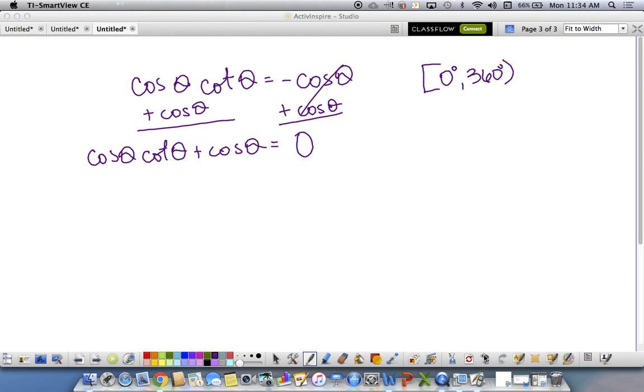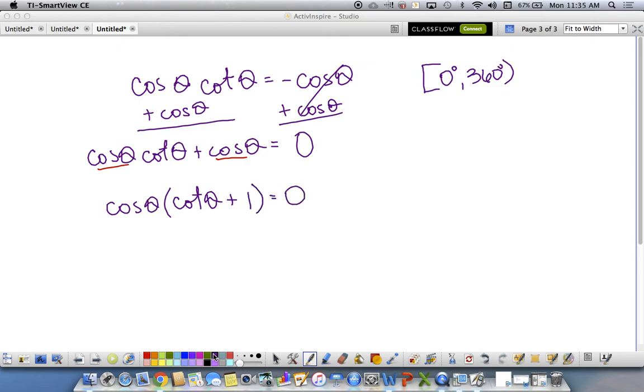You have 2 terms, so you have a term in each one that's common. Can you factor it out? Yes. So if I factor out a cosine theta, parentheses, what am I left with? Cotangent theta. Well, if I factor cosine theta out, it's really cosine theta divided by cosine theta, and that should be 1.